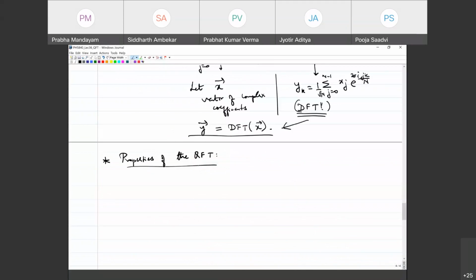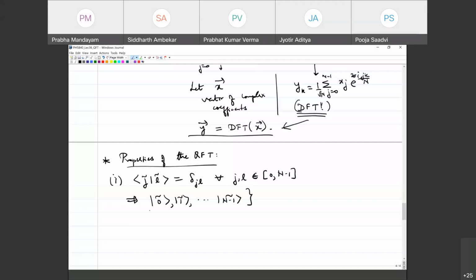So properties of the QFT: I first want to show that the inner product of j tilde and l tilde is delta jl for all j and l belonging to 0 to n minus 1. This means that the tilde basis, 0 tilde, 1 tilde, etc., n minus 1 tilde, is also an orthonormal basis. Let's say we prove this; of course, I'll do this in the next few minutes.